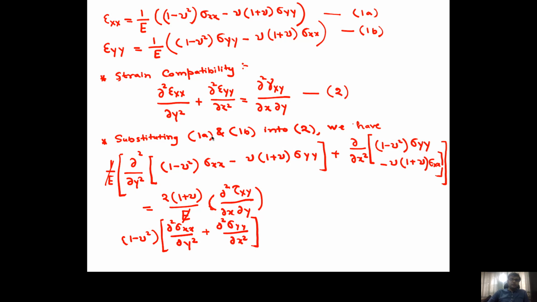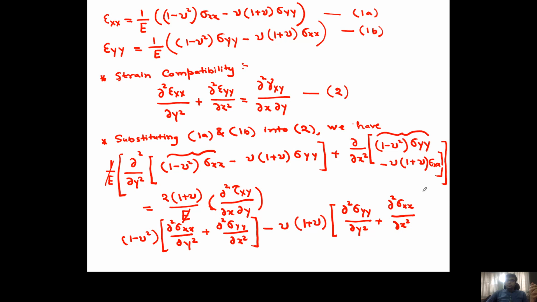So basically what I've done here is I've coupled this term with this term. And then let us couple the other term. So for that we have minus nu, 1 plus nu. And if we do that, we have del 2 sigma yy del y2 plus del 2 sigma xx del x2, right?